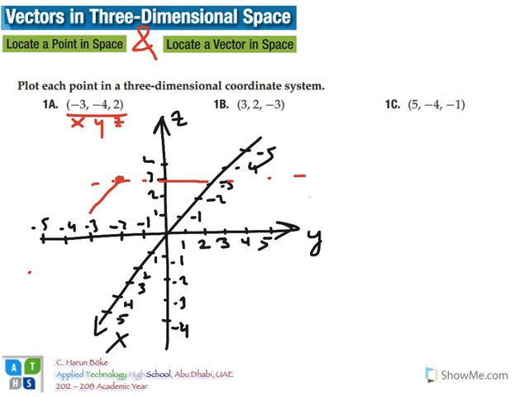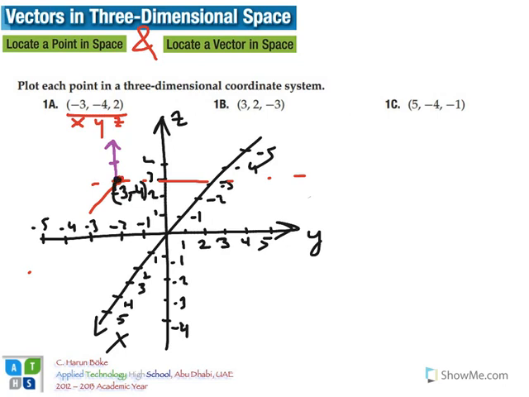Now this is my point minus 3, minus 4. Now I will consider my z value to be 2 units up, 1 and 2, from the point minus 3, minus 4.